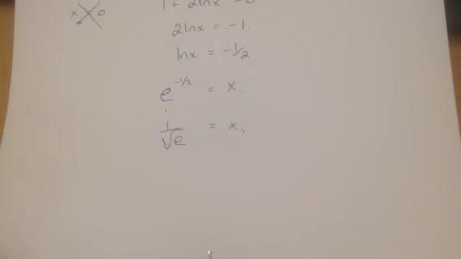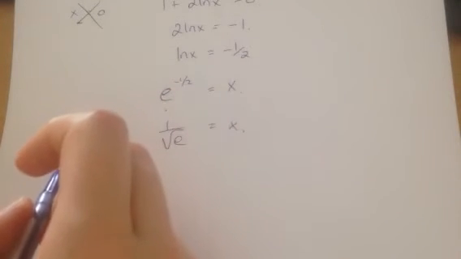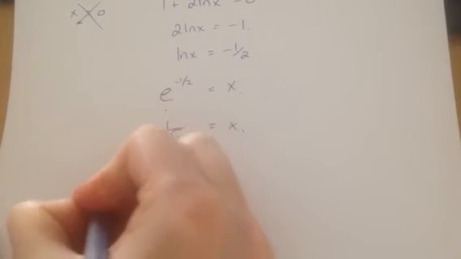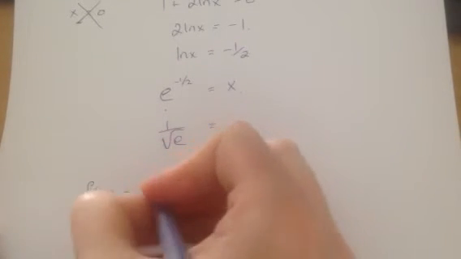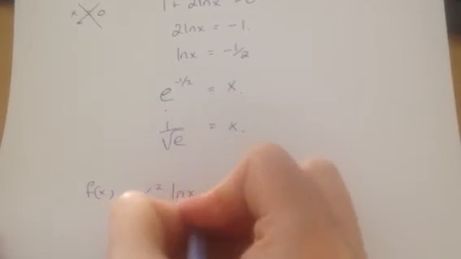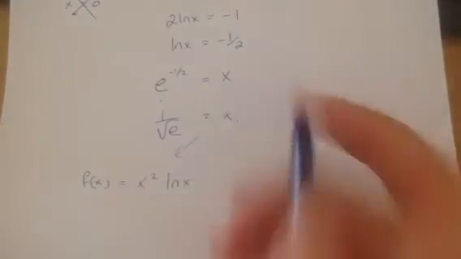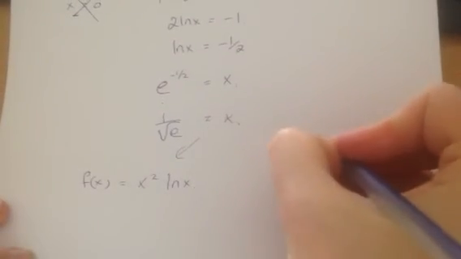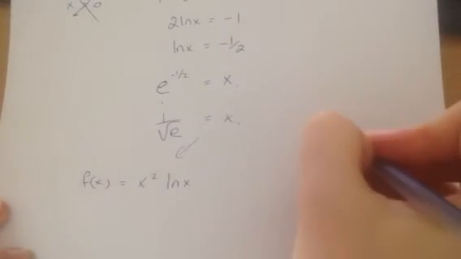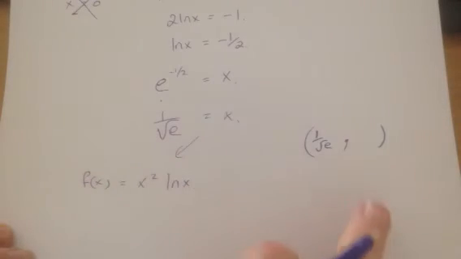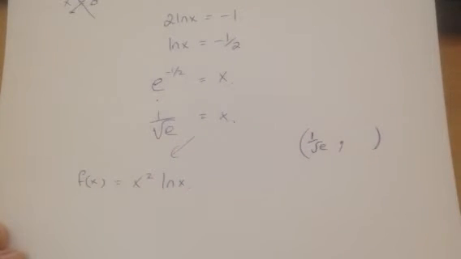If I want the y coordinate, I need to go back to my original equation. My original equation says f of x is equal to x squared ln x, and if I put that in, I'll find out the y value. So far I have 1 all over root e is the x part of the minimum turning point. I need to just put this in here.